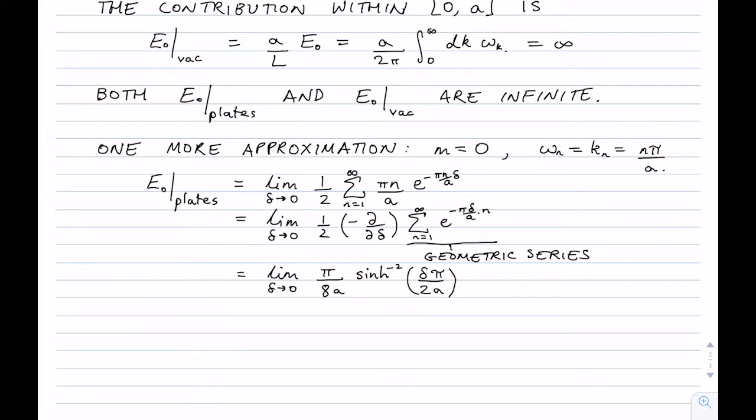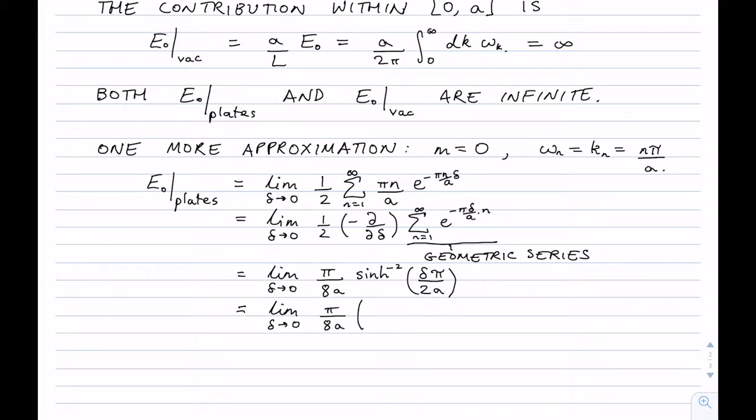Now I've got this limit of sinh to the minus 2 of pi delta over 2a. So this is a small parameter. And so then I can write this as an expansion over delta, expanding over this small parameter. In fact, it's not so difficult. You plug it into Mathematica and you ask Mathematica to do it.